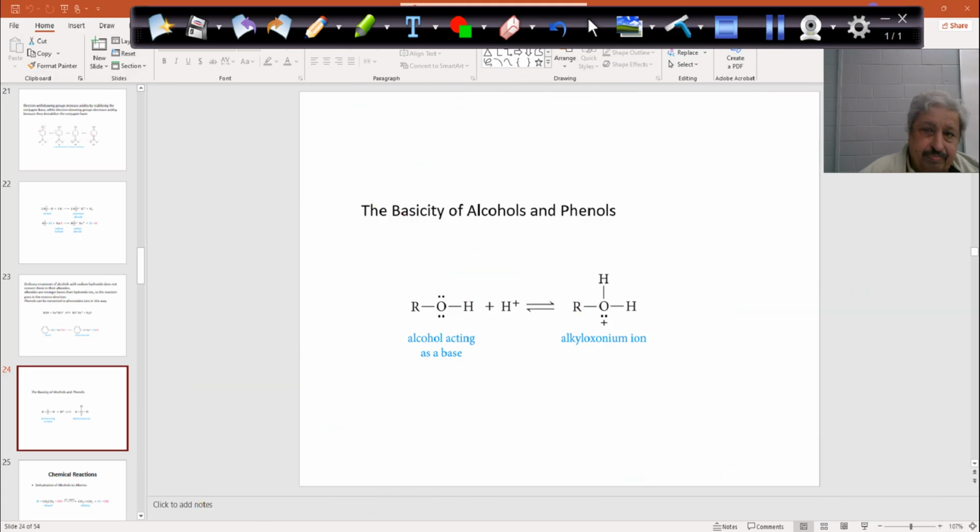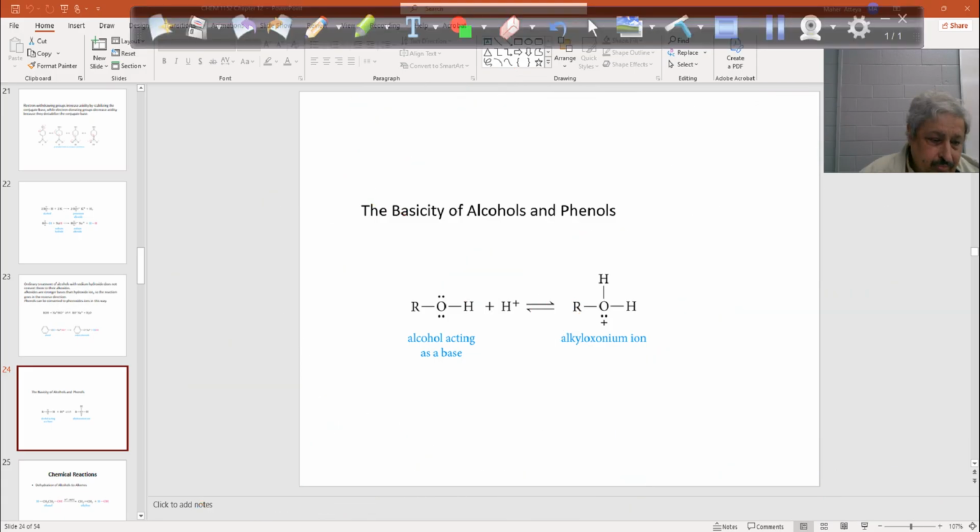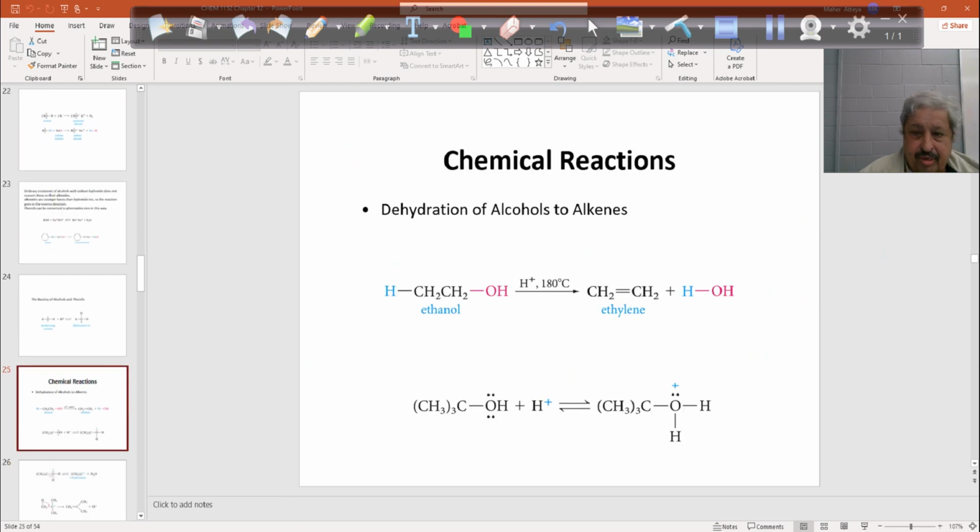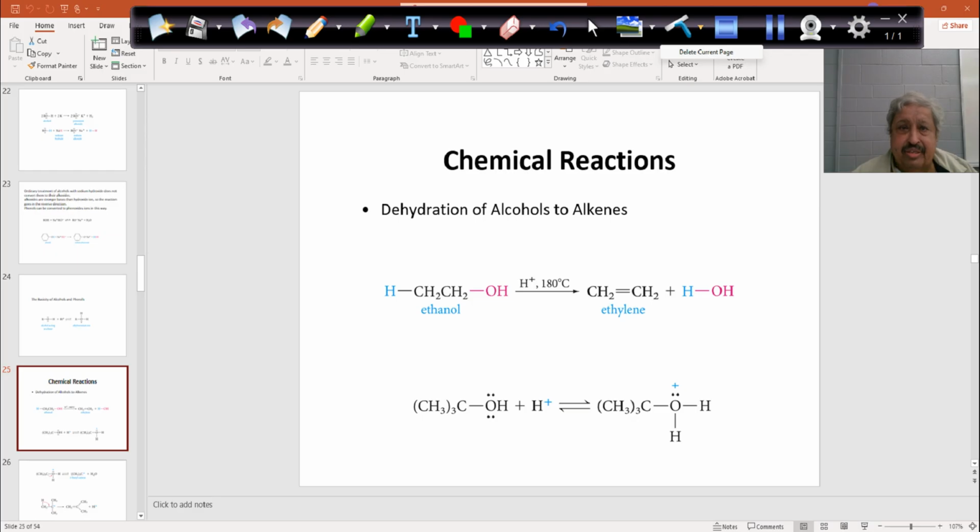Okay, guys, here is the most important chemical reaction of alcohols. This is excluding the phenols. Phenols cannot do this. The dehydration of phenols is very difficult.